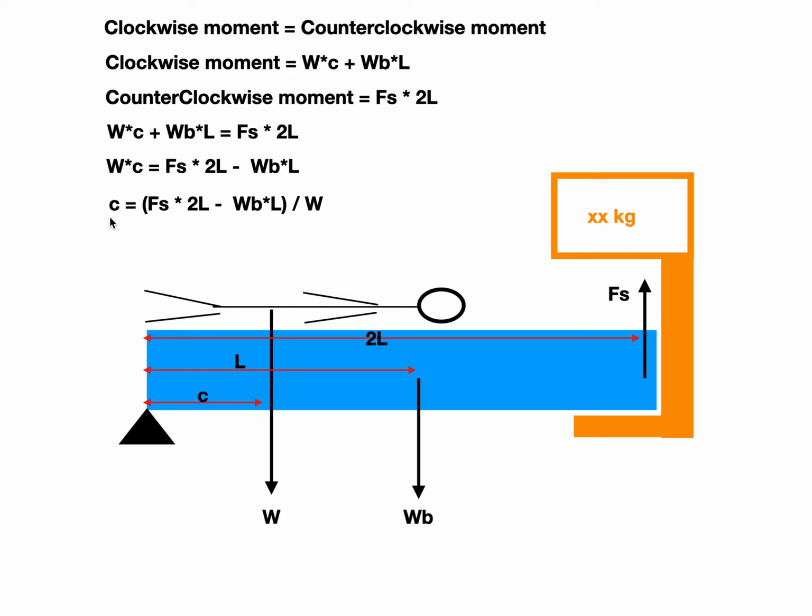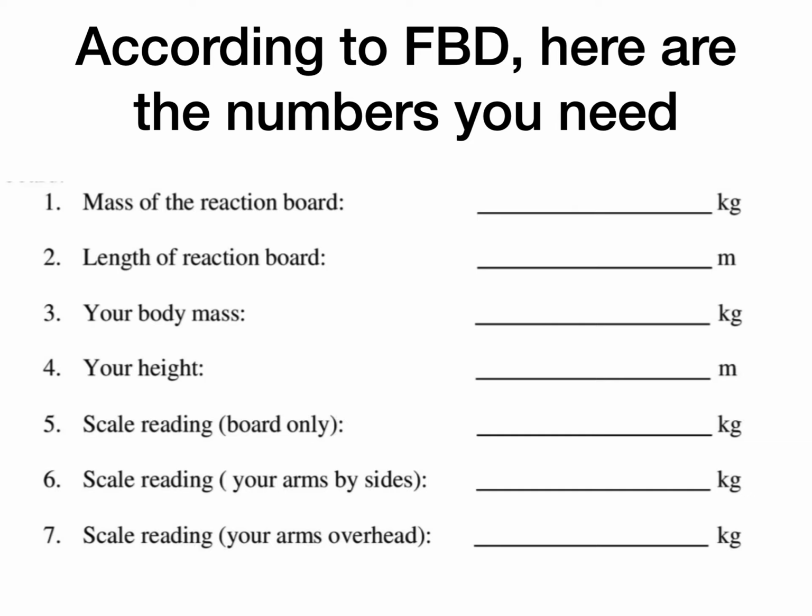So that's from the free body diagram to the equation we're going to use today. So according to the free body diagram, here are the numbers you need. We need the mass of the board, the length of the board, and also your body mass and scale readings. So we'll talk about these numbers in the next video.